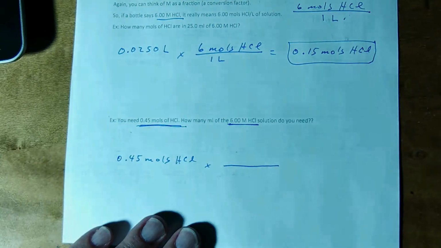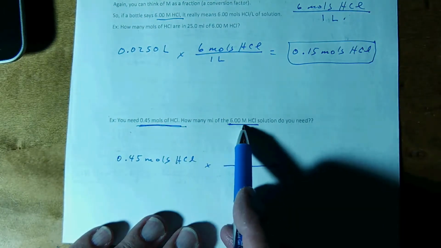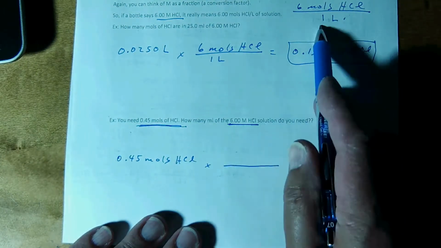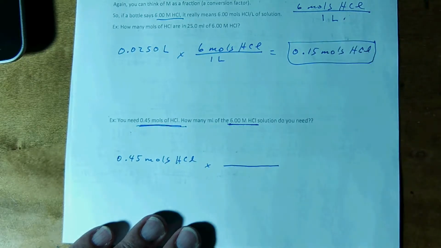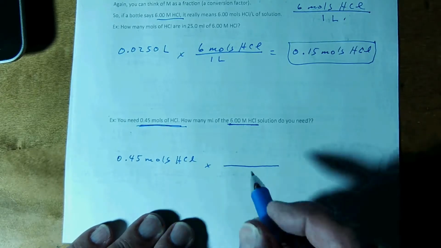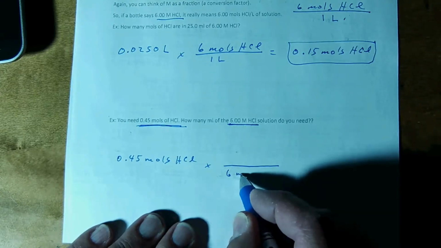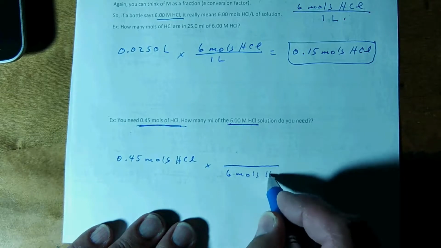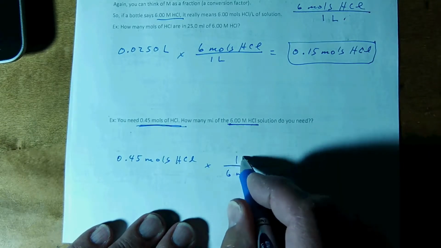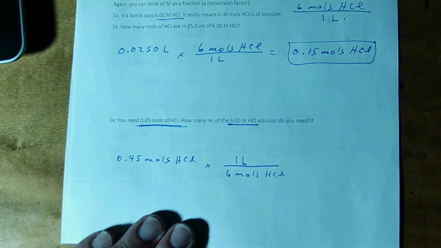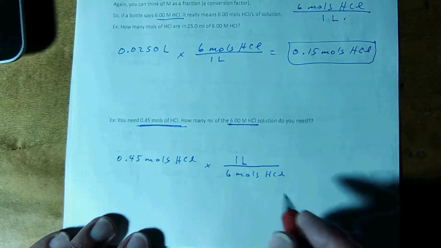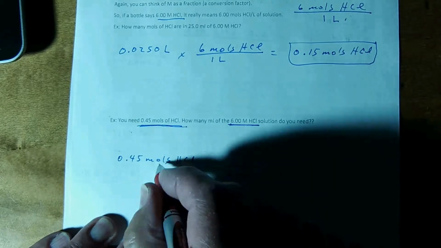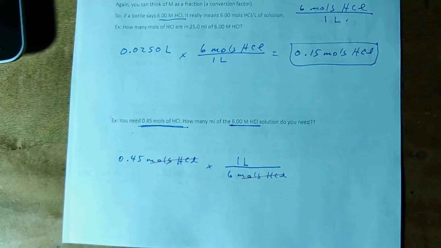There. So again, that means this. Well, I want my units to cancel top to bottom. So if I have moles up here, I'll put my 6 moles of hydrochloric acid down here, my 1 liter up there, and you can see how moles of hydrochloric acid gets canceled out.